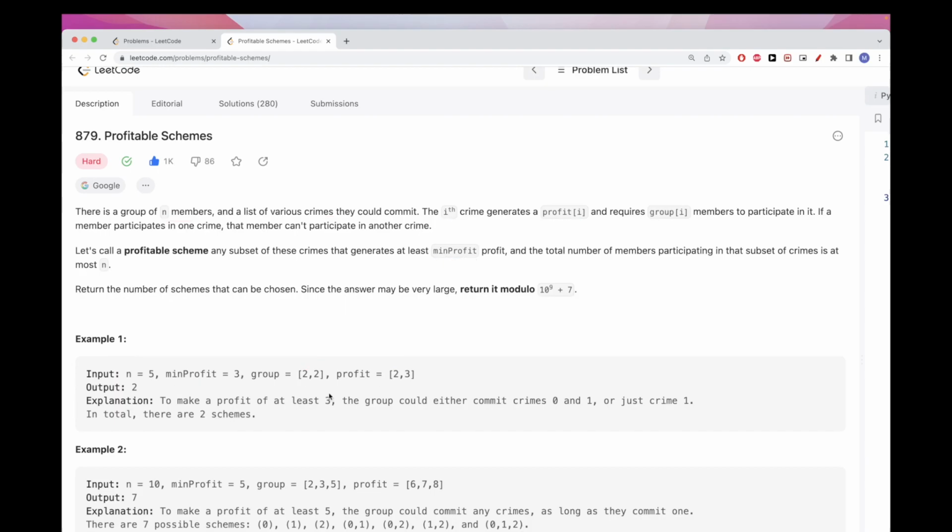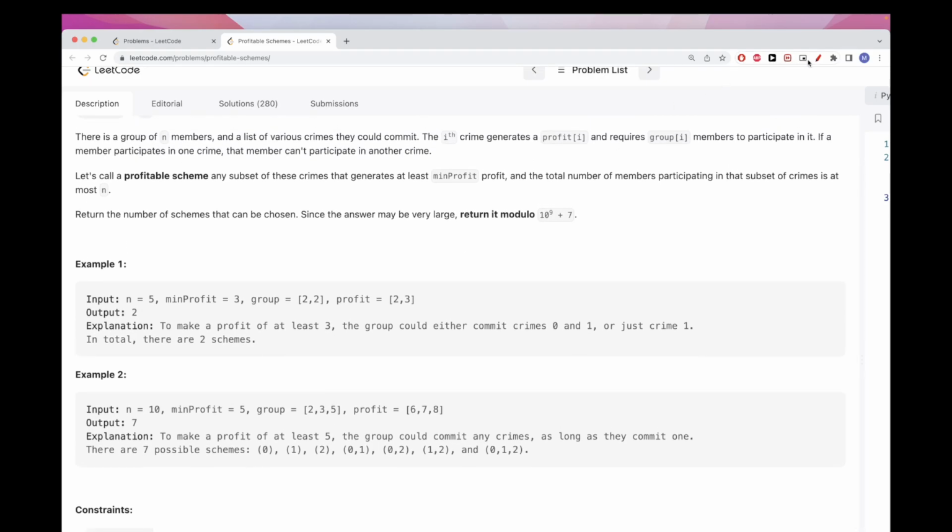Now let's take a look at the first example and see what this is about. For the first example, we want to get a profit of at least 3. And so we could decide either to do only this one, the crime at position 1, that will give us a profit of 3. We will need to use 2 members, which is within the number of members we have available. So that's a valid solution, so we count it, so we have 1. And then the other possibility is to do both.